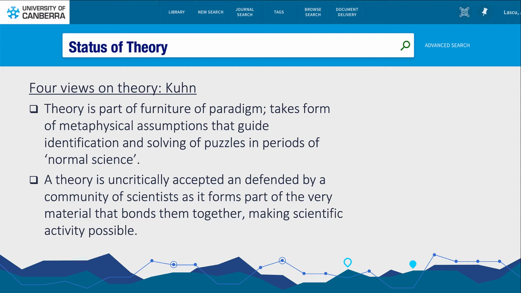A theory is uncritically accepted and defended by a community of scientists as it forms part of the way they bond together, making scientific activity possible in the first place. So theory is a fundamental element of a paradigm, and it fits in a specific way.